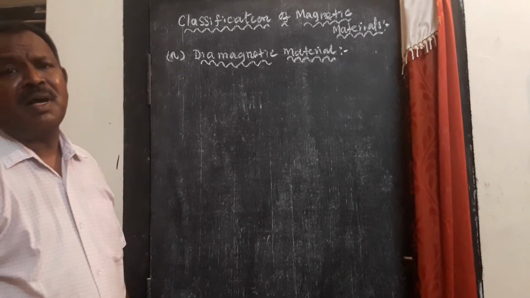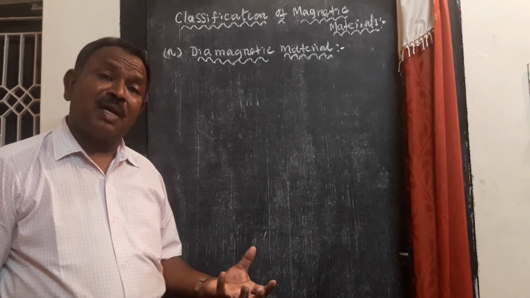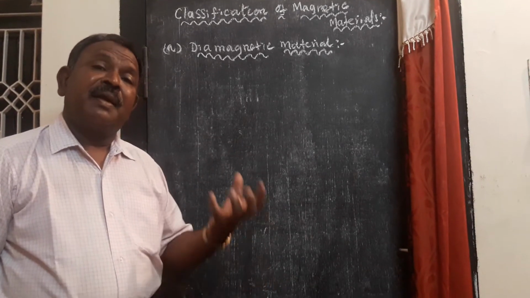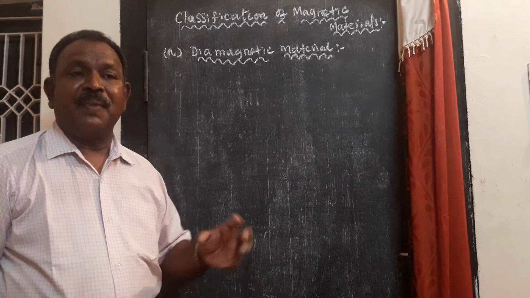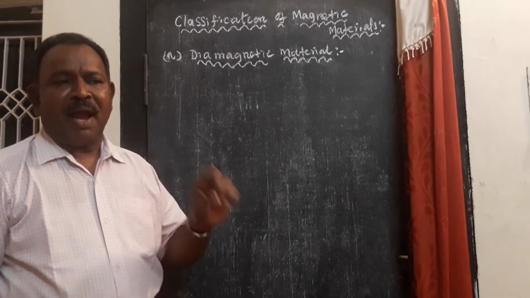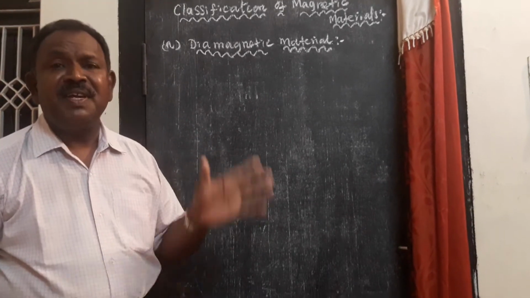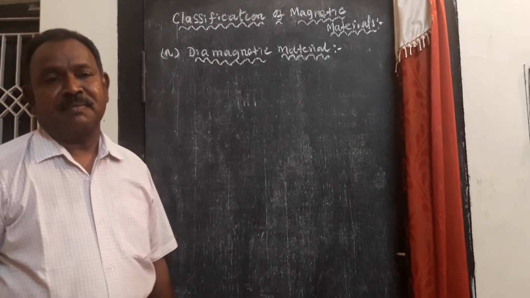According to Lenz's law, those electrons which are anti-parallel to the external magnetic field get sped up. So they will produce a magnetic moment opposite to the magnetizing field, the external magnetic field.